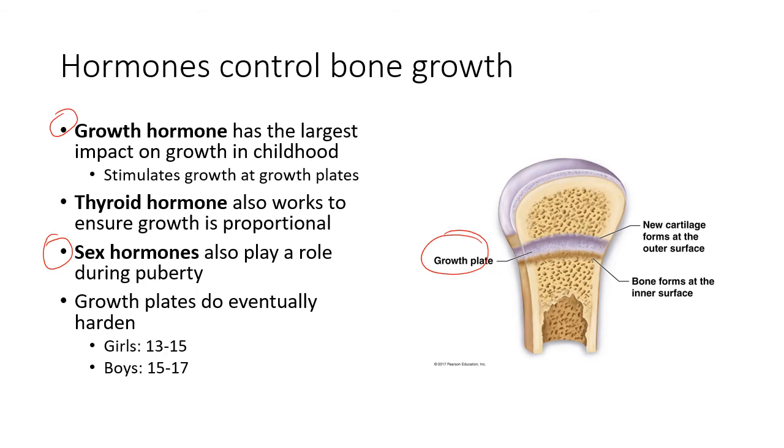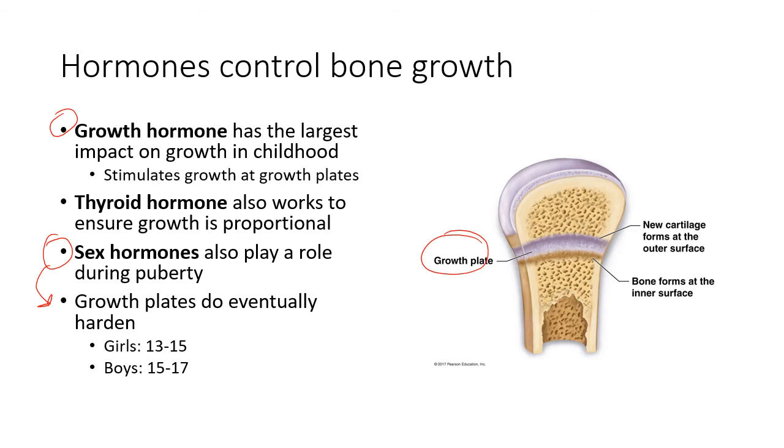So the sex hormones during puberty play a large role in growth, but they also are partly why the growth plates harden eventually. So while they help growth at the beginning, they are going to cause those growth plates to become hard bone eventually. For girls, that hardening occurs earlier on, between 13 and 15 years of age on average, whereas for boys it happens later, between 15 and 17 years of age.